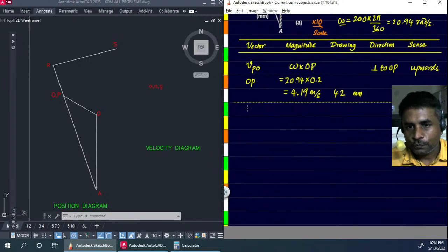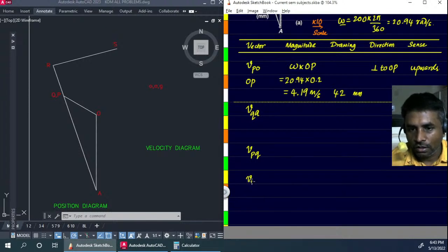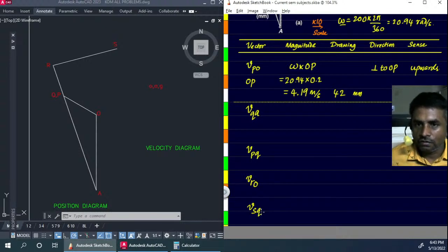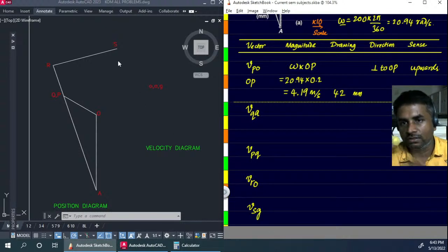So the next velocity we'll have is the velocity of Q with respect to the fixed point, that is A. And then we have the velocity of the point P with respect to Q, and then we have the velocity of R with respect to a fixed point, let's say O. And then finally we'll have the velocity of the slider S with respect to some fixed point. You can take it as G, because point G here is as well fixed. So these are all the velocities we'll have to deal with.